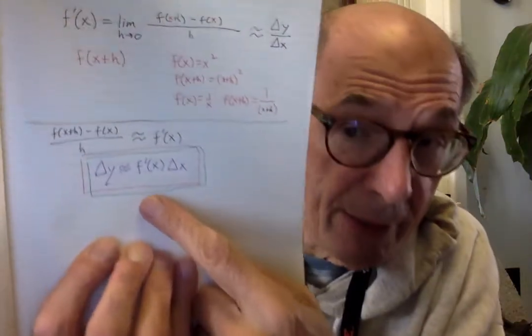And so what you're seeing here, I'm just going to write this another way, is that the change in y is approximately f prime of x times the change in x. So I'm going to do this in colors and emphasize it. And this is it. This is calculus right here.